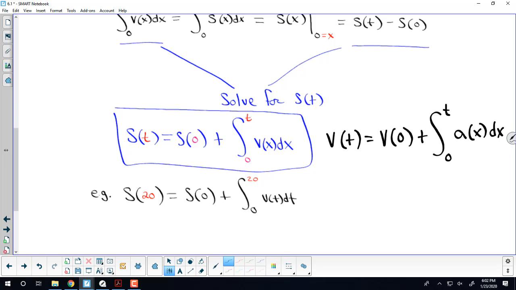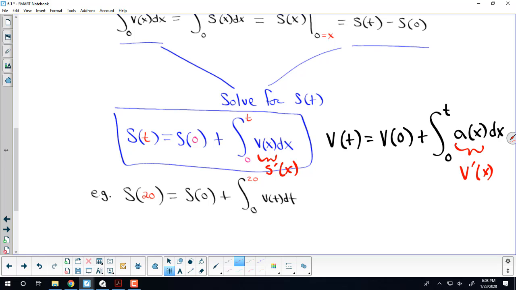So hopefully that's not too far of a stretch. And this is s prime of t, or s, I guess s prime, it's whatever. Sorry. But that's kind of the pattern, and if there were other derivatives involved, we could successively find the other functions.